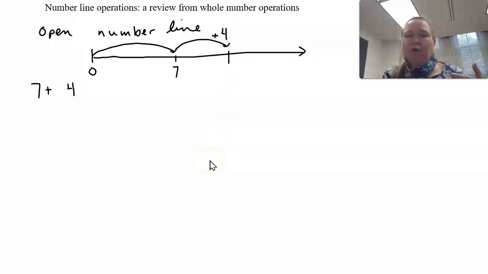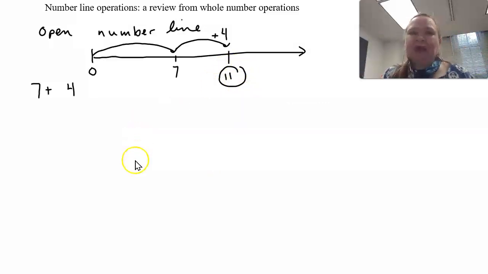And where I land, of course, is the sum. 7 plus 4 is 11. That's my sum. And so I'm going to always circle that number that represents my answer, what I'm looking for in my problem. Because sometimes what I'm looking for could be a different one of these numbers in a different place on this number line.